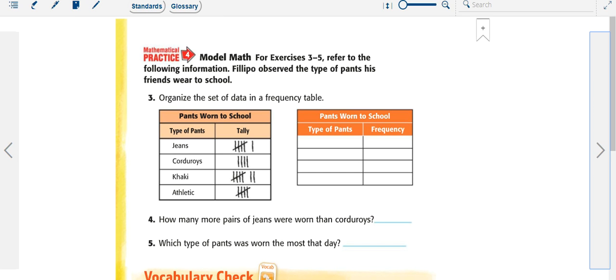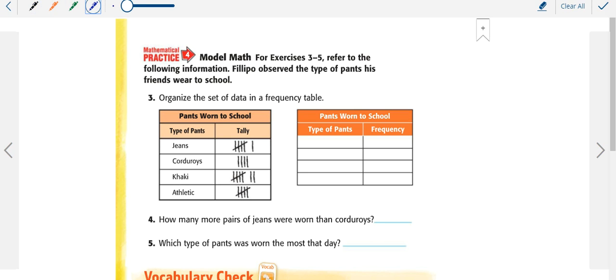Now, model math. For exercise 3 through 5, refer to the following information. Filippo observed the type of pants his friends wear to school. So some people said jeans. Other people said corduroys, which is almost like, how do I explain?